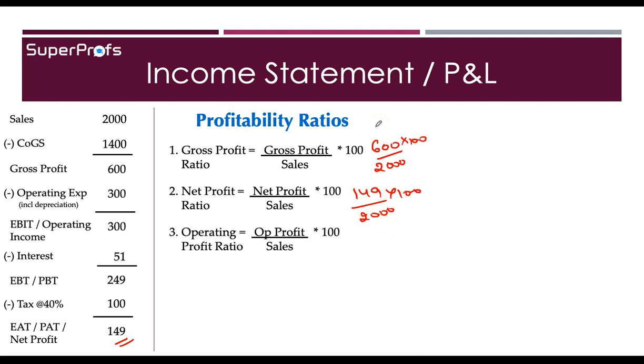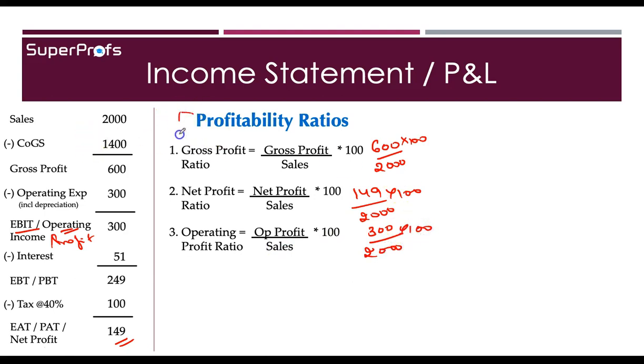Finally, what will be your operating profit ratio? As I told you, your earnings before interest and taxes is your operating income or your operating profit. So operating profit ratio would be this operating profit, that is 300 divided by 2000 into 100.